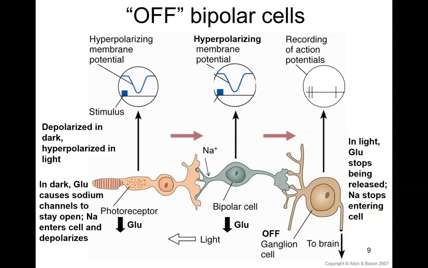So in essence, these properties allow for one population of bipolar cells that gets excited by light, the on cells, and another population, the off cells, that get inhibited by it, even though all of our photoreceptors have the same response to light. All photoreceptors depolarize in the dark and hyperpolarize in the light.